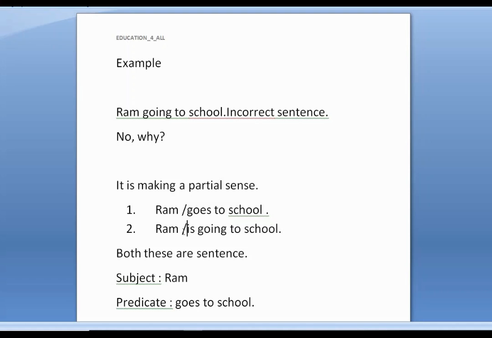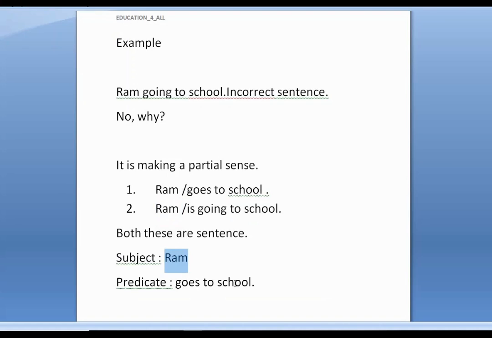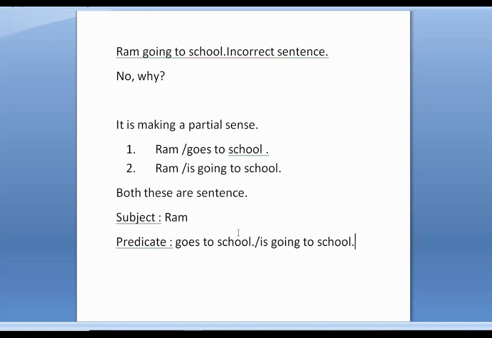In the same way, for the second sentence, Ram is going to school, again Ram is the person we are talking about who is doing the action. So Ram is the subject and is going to school is the predicate. So these are the two parts of the sentence.